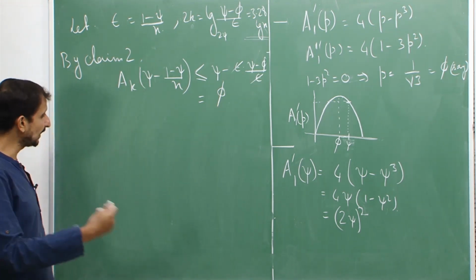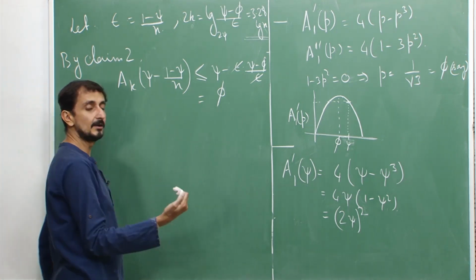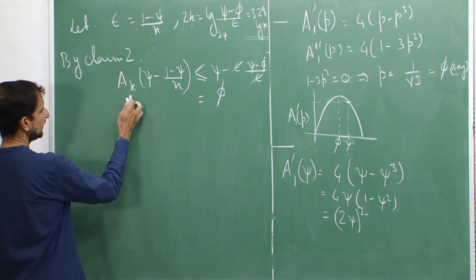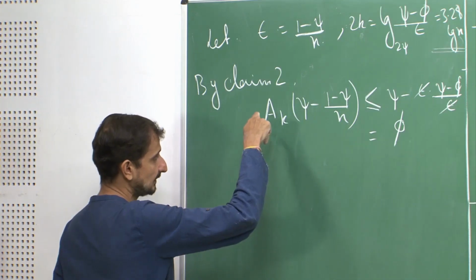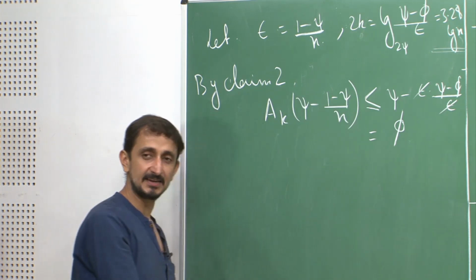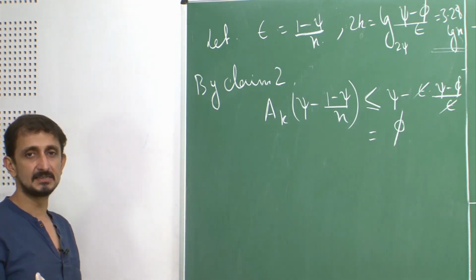Now, I want this to come down a little more. I want this to be less than 1/4. Observe that if I apply the amplifying function a again on both left and right sides, it decreases the value.